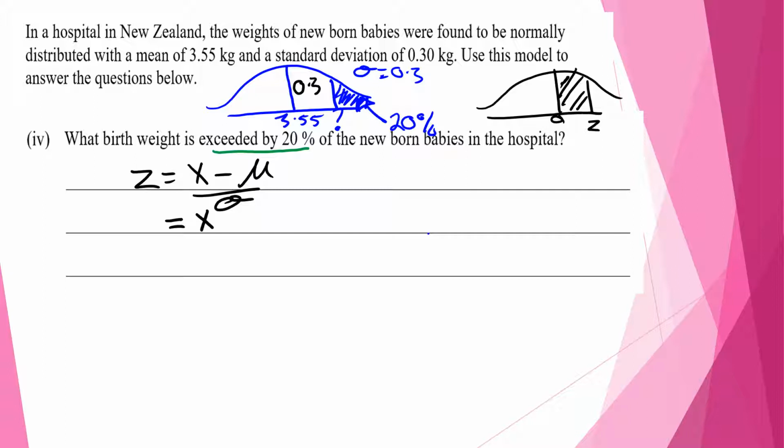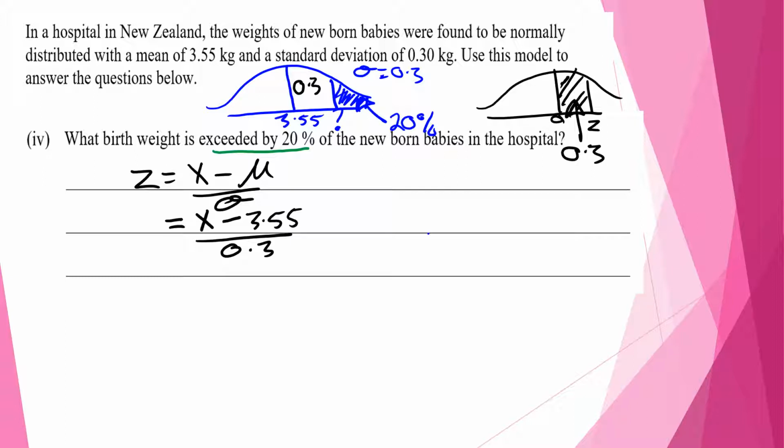We don't know the z value just yet, but we can actually find that from our tables, and I'll show you that in a second. And we know our mean is 3.55, and we know our standard deviation. So we need to figure out our z value. We do that by looking up, so if you recall, this is the area inside is the probability, so that will be 0.3 that we're looking up on our tables to find our z value.